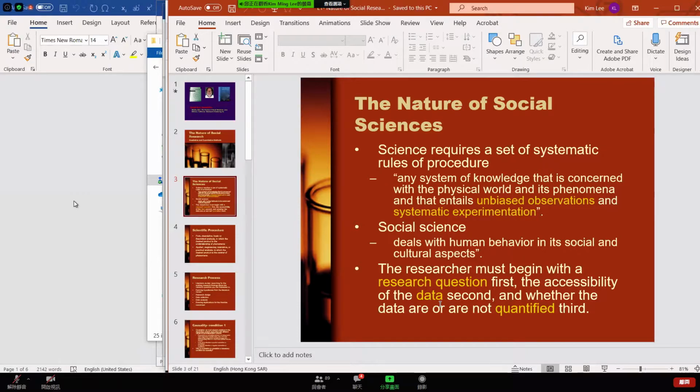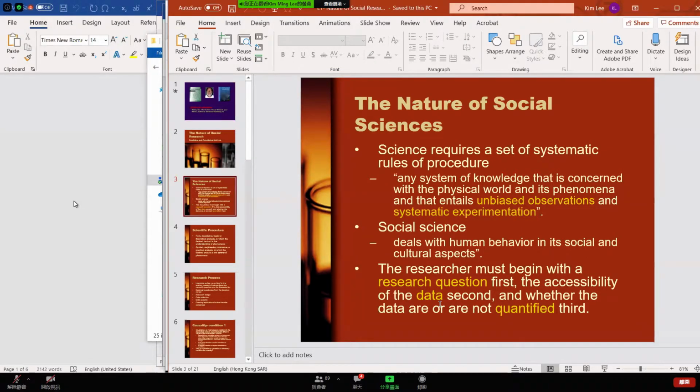Or some of my friends try to do a survey. Survey is another type of data you can use to answer your research question. They send an online questionnaire to a lot of young people to answer a number of questions to see their so-called participation level, something like that. So this is the accessibility of data.